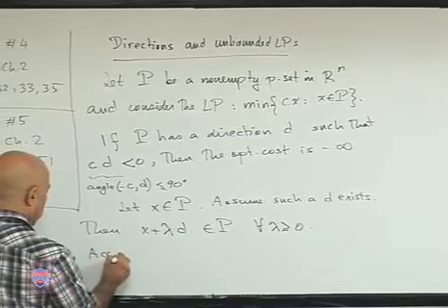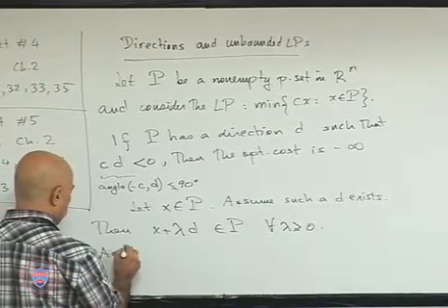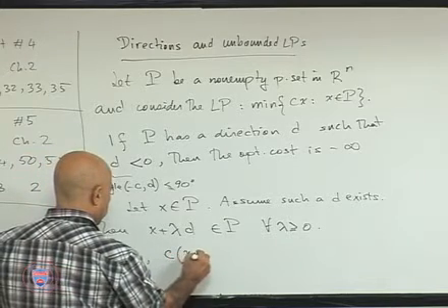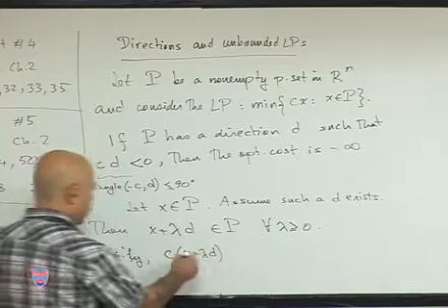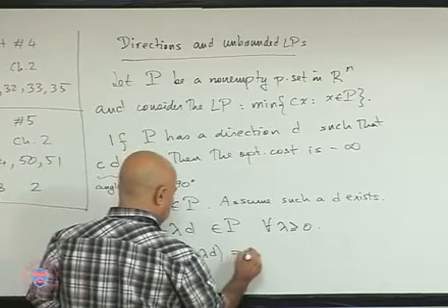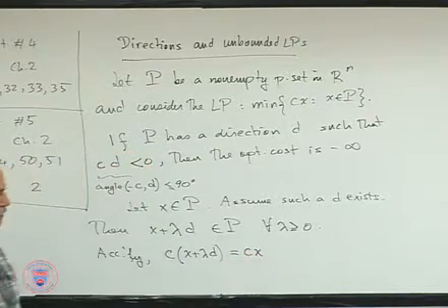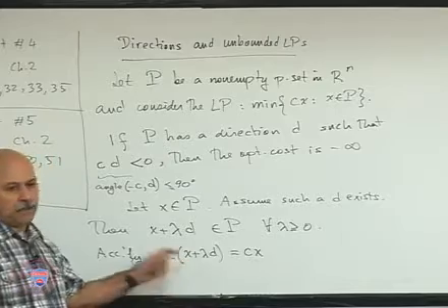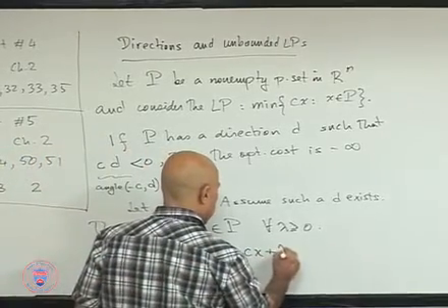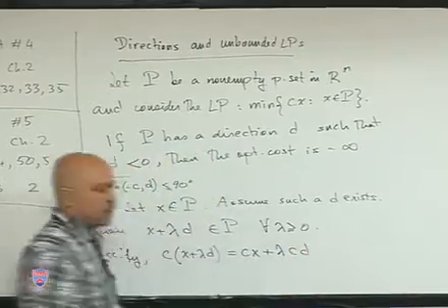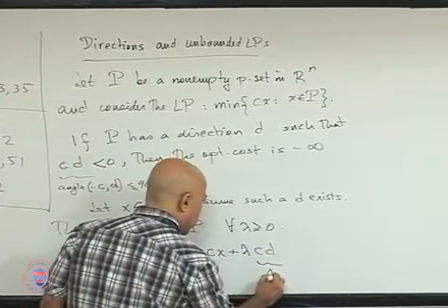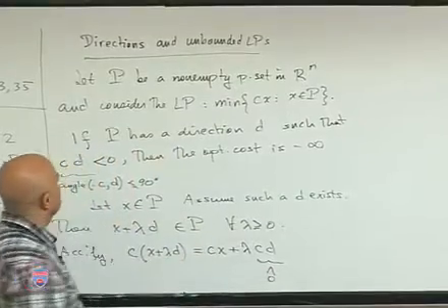Accordingly, what do we have? If you take the objective function value relative to any such point, we get Cx, the value of the objective function at the point x, plus lambda times C times D. But C times D is less than 0 by assumption.